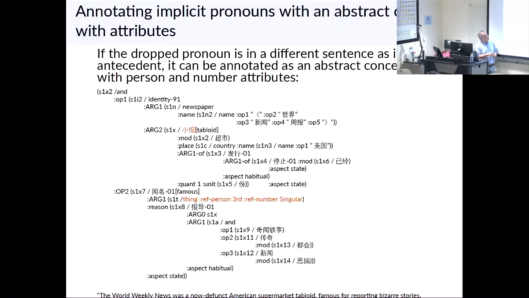You propose another concept, so you have another variable, which is called a thing, right? And this thing has third person, and its number is singular, right? So in this way, you treat it as two sentences, and at the document level, you're going to be linking this thing to that, right? So you can potentially have a lot of different ways of dealing with this.